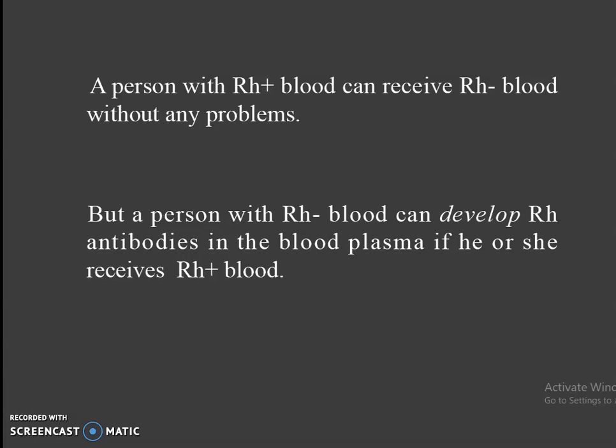But a person with Rh negative blood can only receive Rh negative blood. If he or she receives Rh positive, the antibodies produced against Rh antigen may lead to agglutination, clumping of blood.